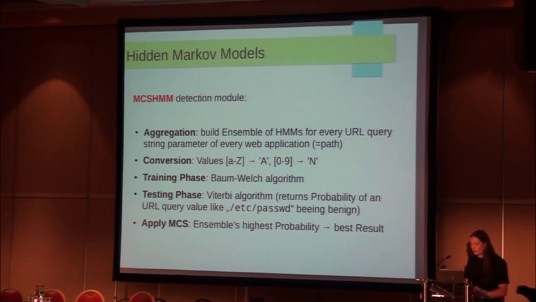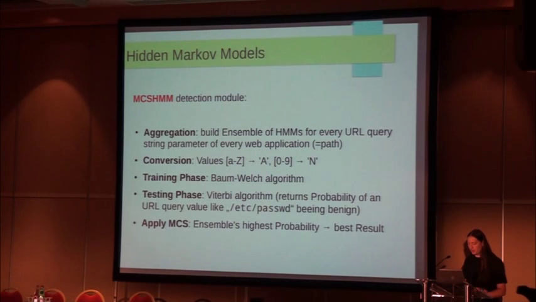First of all, we aggregate the data. We build an ensemble of models. Normally 5 models seems to be a very good value. If we do not take enough models, then our results are not that good. We do this for every URL query string parameter for every web application, defined by path, so every web application that is on our server.